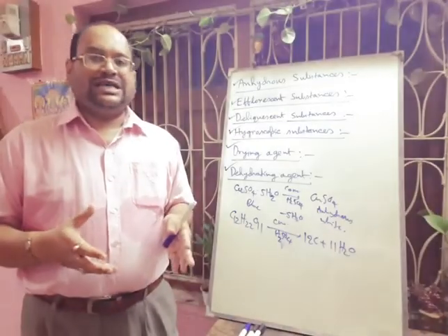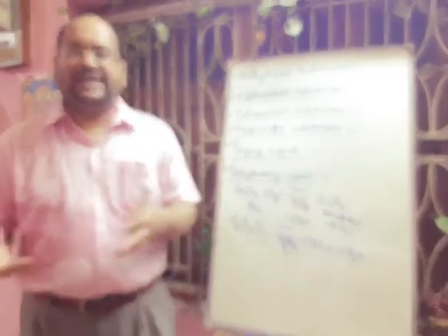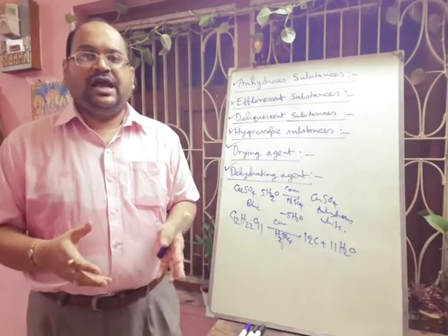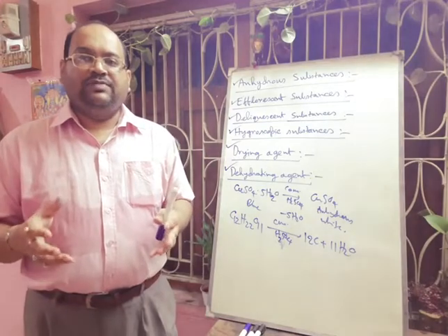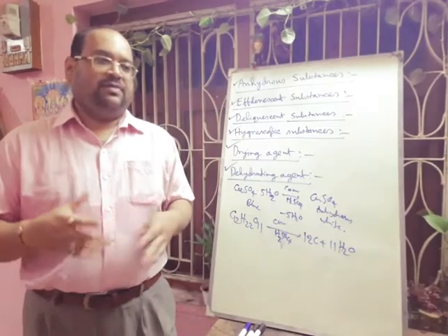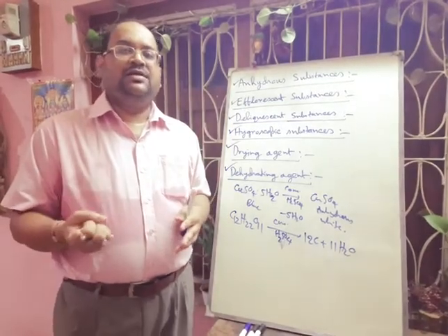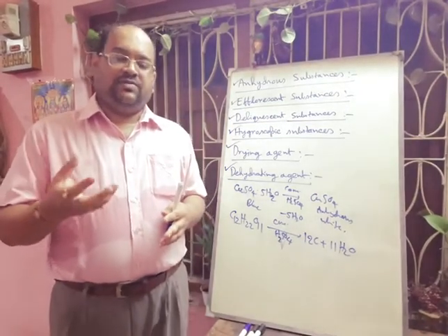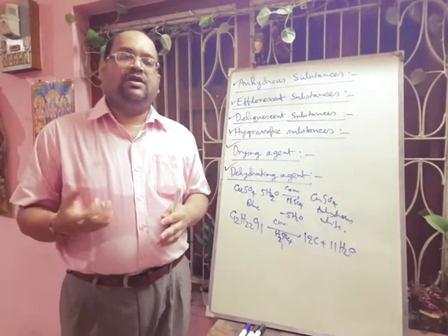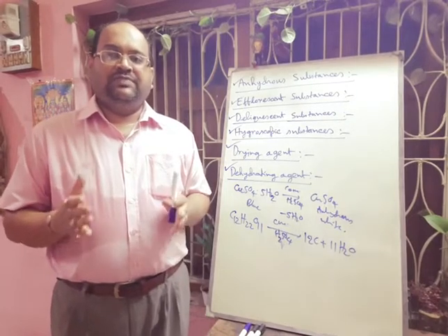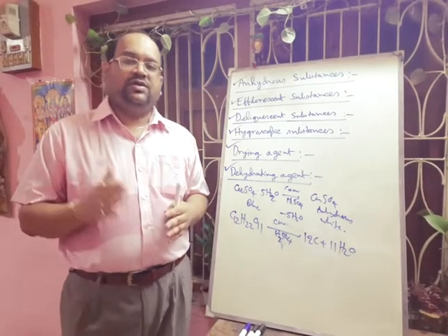So liquids are dried by anhydrous sodium sulfate, anhydrous magnesium sulfate, or anhydrous calcium chloride at room temperature, and after that we have to keep it for some time. After the sodium sulfate or magnesium sulfate absorbs the water present in the liquid, we have to filter and remove this hydrated sodium sulfate or magnesium sulfate.